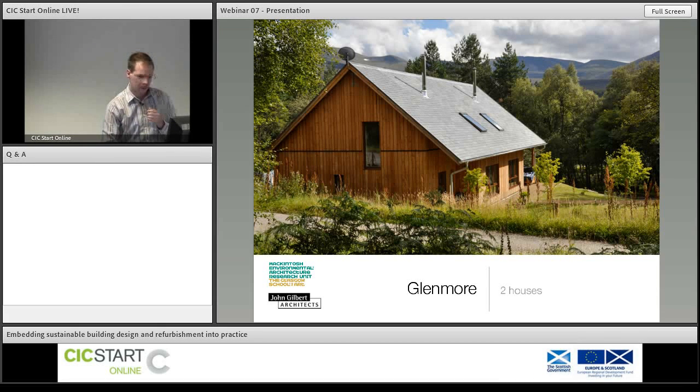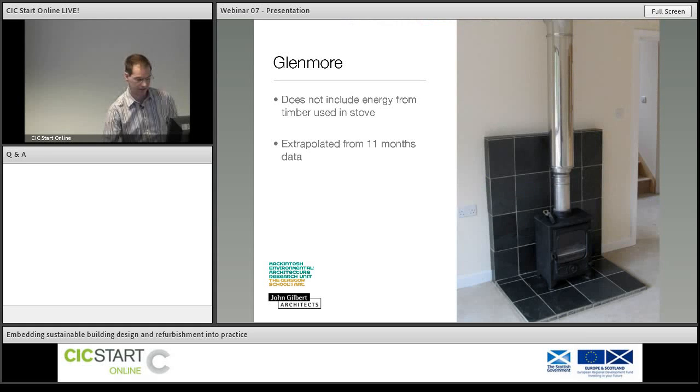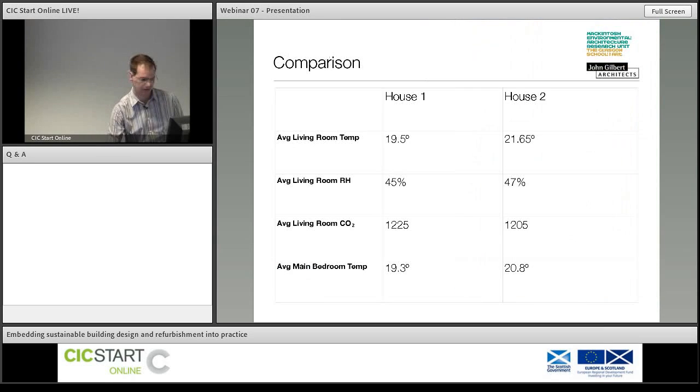I think what we can say in this is that the 2 houses with very similar occupancy are using the houses in very similar ways, and they're getting very similar energy results. I think that's something that you can draw from that graph. It doesn't include the energy from the stove and is extrapolated from 11 months.